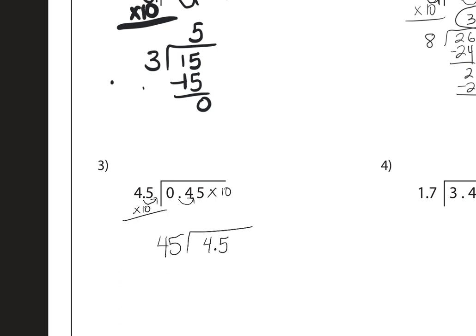I'm going to be dividing 45 into 4 5/10. Take your decimal straight up. Now the only question is, how many times will 45 divide into 45? It goes one time. With nothing left over, I can see my answer is 1/10.